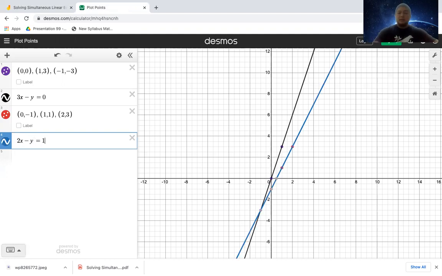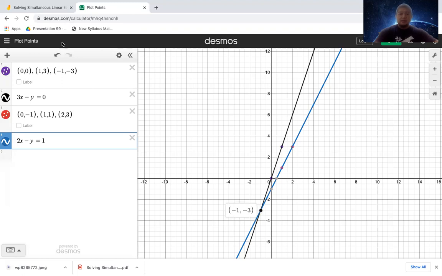And you will see that these two lines intersect at a certain point. So you will see here that this point is the point that intersected these two lines, or this is the location where these two lines intersected. So that means this point is going to be the solution.